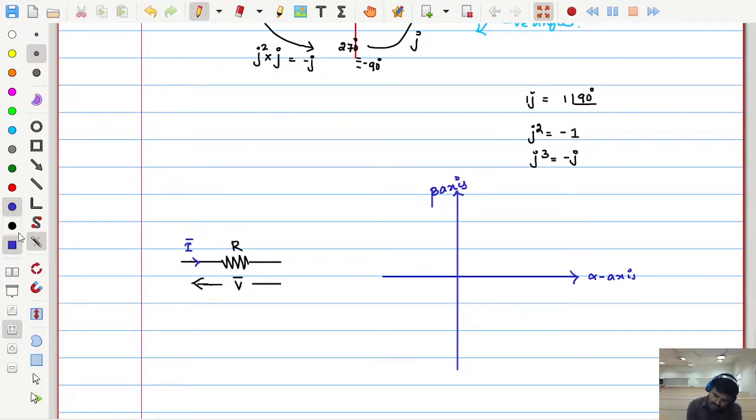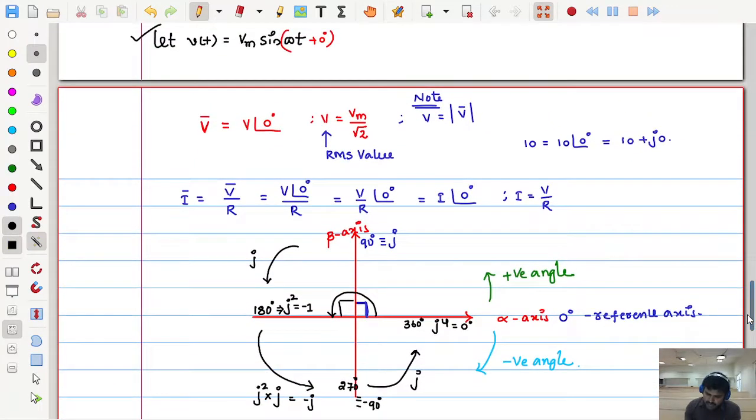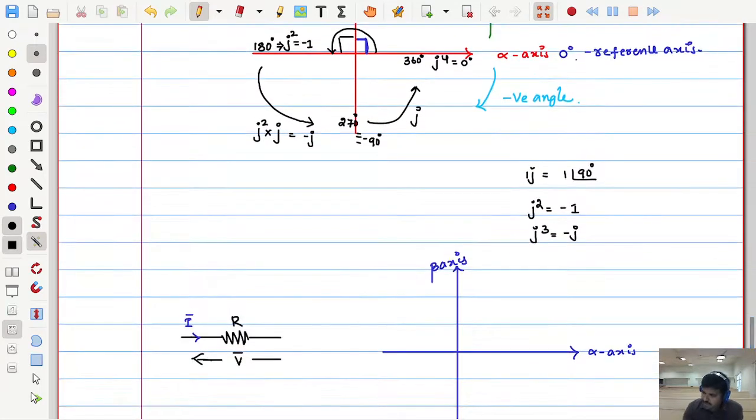Now see what will be the voltage. How much is the magnitude? V. What is the angle? 0 degree. Where is the 0 degree position? Reference position. So I should lay one line on the alpha axis whose length is equal to V from the origin, and indicate one arrow for that.